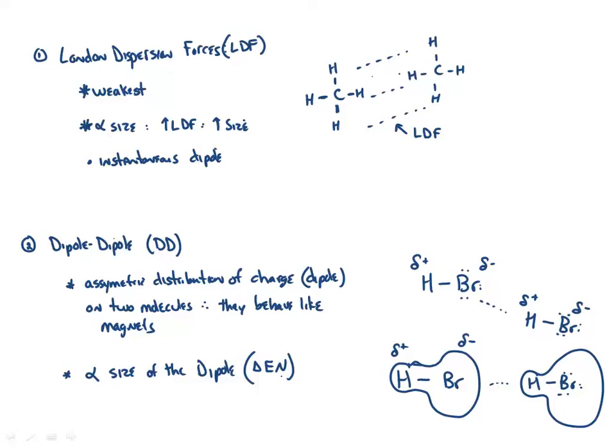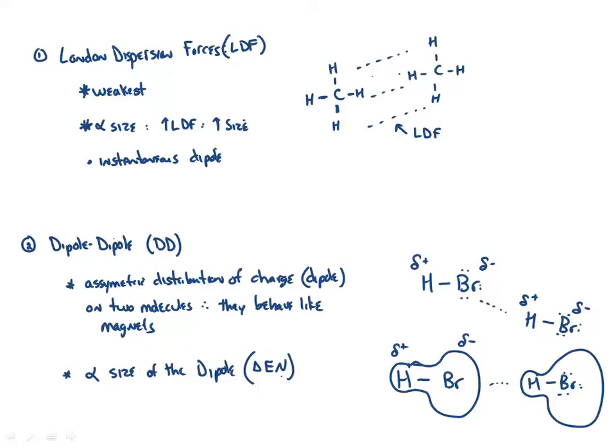Now, we're not really going to get into strengths of dipoles too much, in that we're only going to talk about a few functional groups that have dipoles, and we'll simply label them as weak or strong. We won't talk about exactly why they're weak or strong. We won't look at anything beyond that. And so really at that point, you're just memorizing which ones are weak and which ones are strong, and not worrying about sticking numbers in there. Although worst case scenario, you could probably look up all the electronegativities and make a pretty good guess at it too.